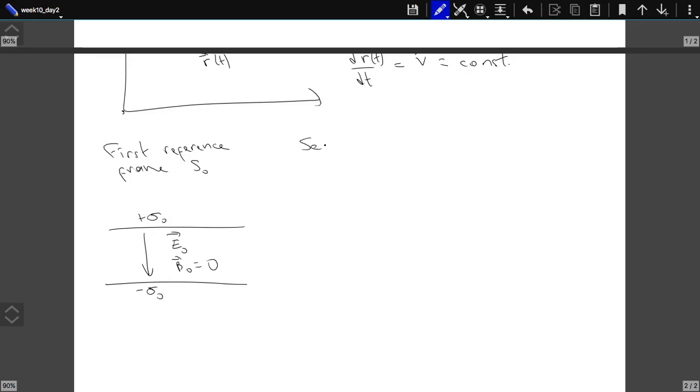Then I call the second reference frame S prime.